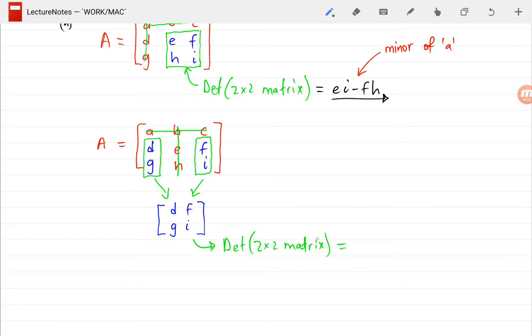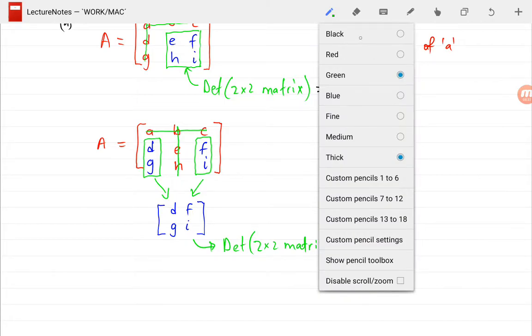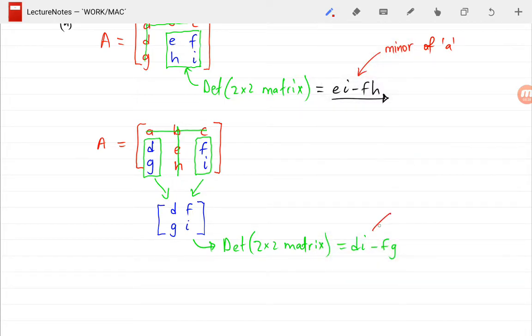And remember, it's just DI minus FG. And then we have found the cofactor, the minor. I'm sorry, I keep making the same mistake. And this one is the minor of B.